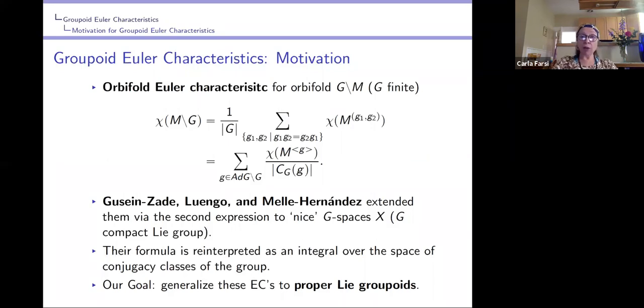So because of that, we thought, well, since they defined these Euler characteristics for compact Lie group actions, perhaps we should be able to extend those Euler characteristics to the proper Lie groupoid case.